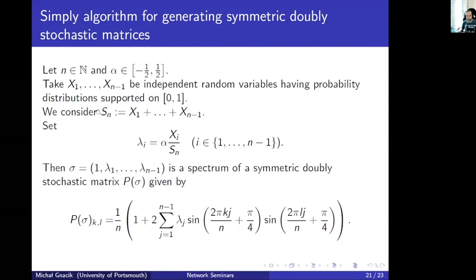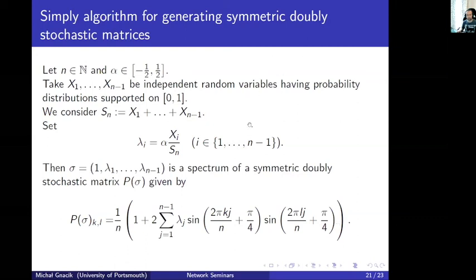Then we take the sum of those random variables, multiply it by alpha and divide it by Sn, so that all those lambda i's satisfy the Suleimanova condition with delta being 1/2, right? Therefore, I can now randomly produce those lambdas and use the formula for the matrix that we obtained to randomly generate symmetric doubly stochastic matrices.